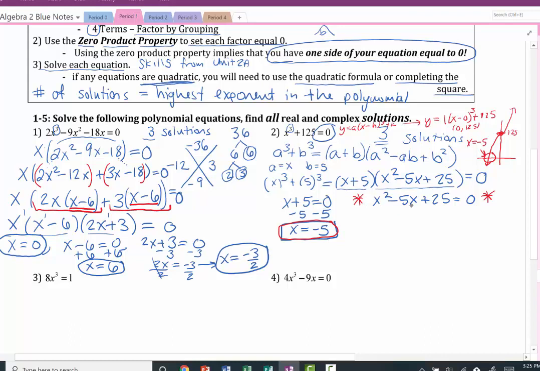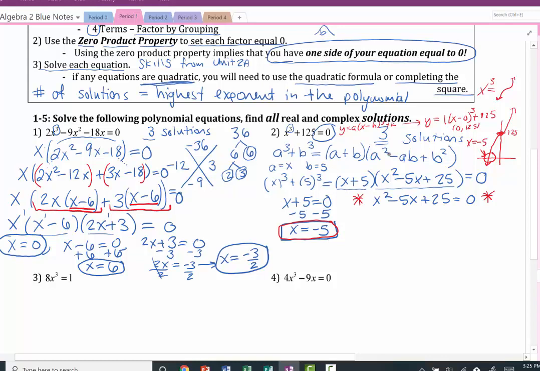So what does that tell me about this remaining quadratic factor? If it's basically just an x cubed graph shifted up to 125, then I know it's only ever going to have one x-intercept. So the solutions to this will always end up being imaginary numbers.